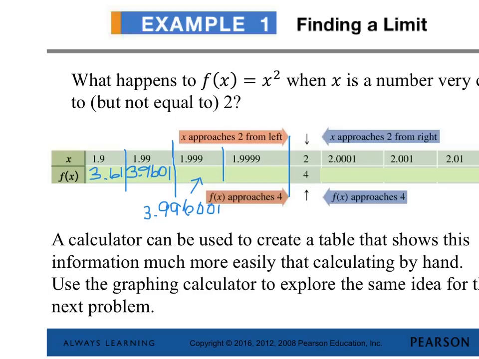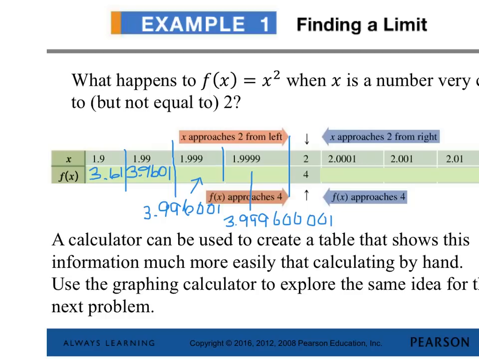If you take 1.9999 squared and use your calculator to do the arithmetic, what you're actually going to get is 3.99960001. And that is indeed very, very, very close to 4.